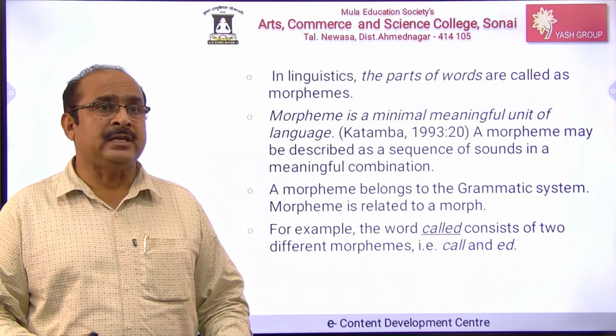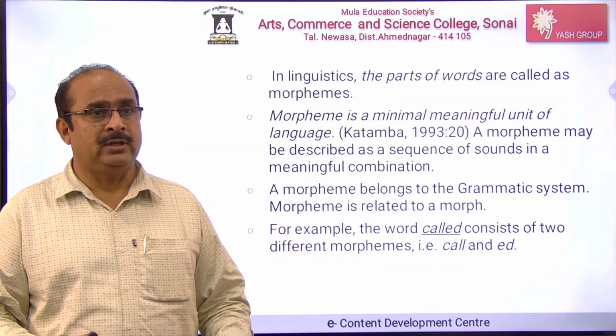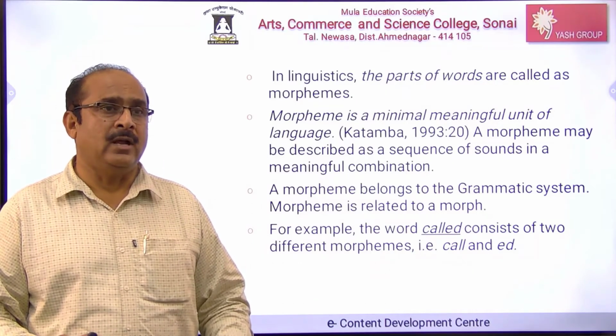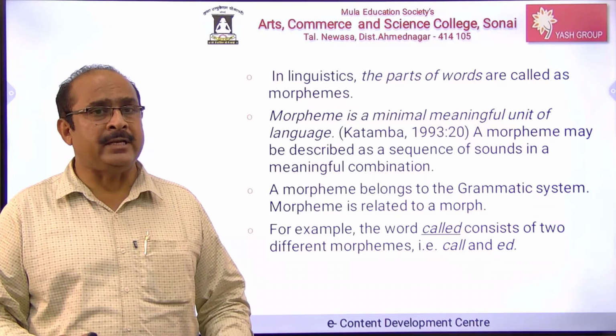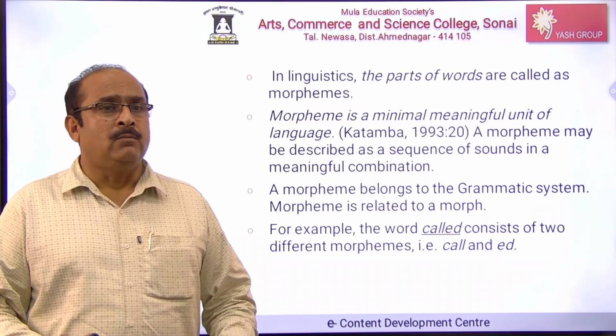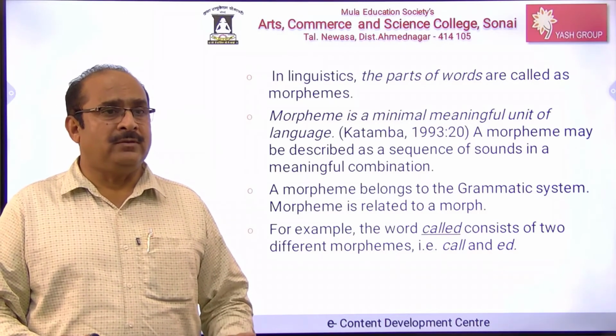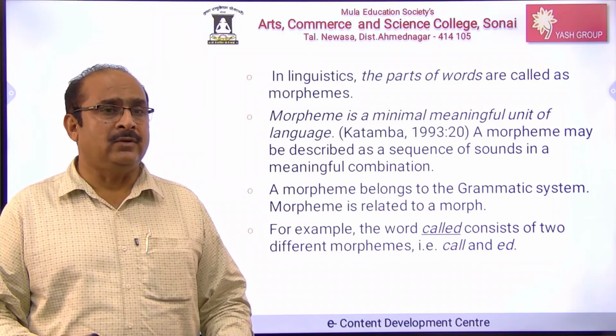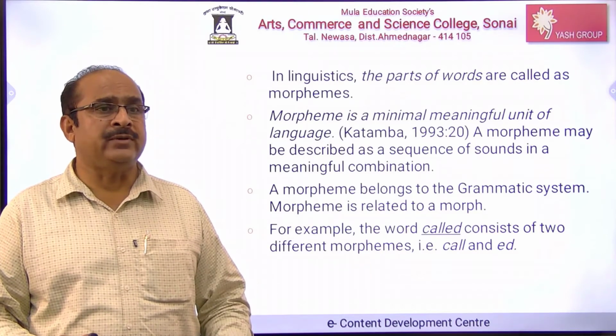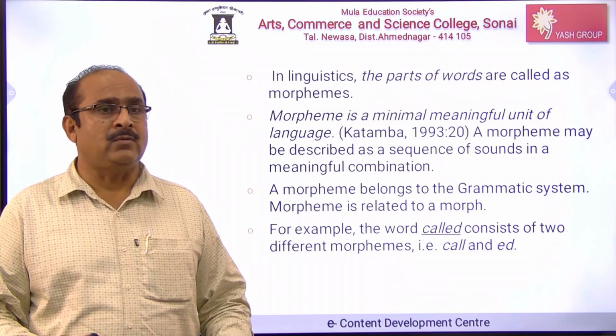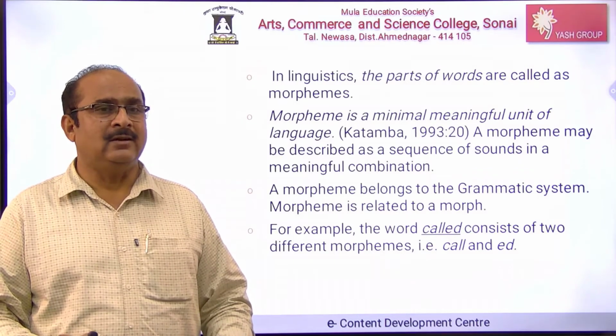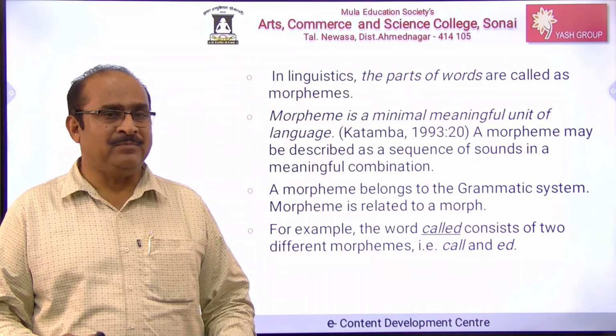A morpheme may be described as a sequence of sounds in a meaningful combination. A morpheme belongs to the grammatical system. Morpheme is related to a morph. For example, the word called consists of two different morphemes: number one, call, number two, ed.